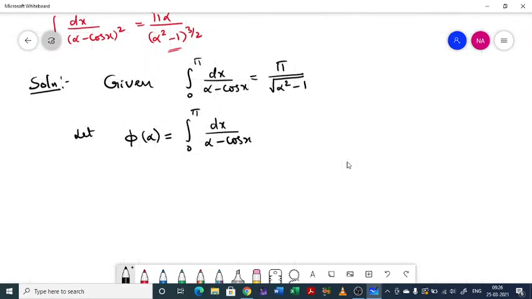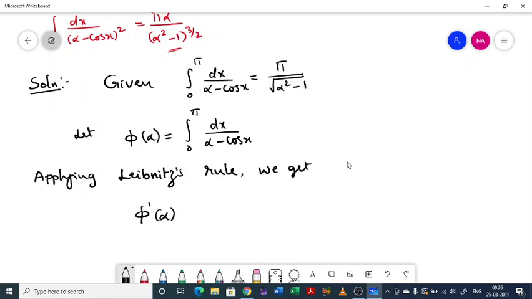Then applying Leibniz rule, in the sense you have to differentiate both sides with respect to alpha. Applying Leibniz rule, we get phi dash of alpha, so both sides you have to differentiate with respect to alpha.